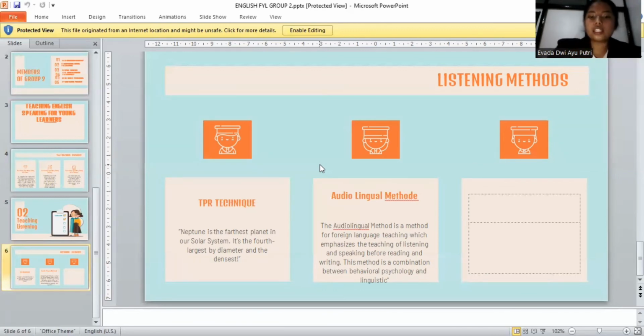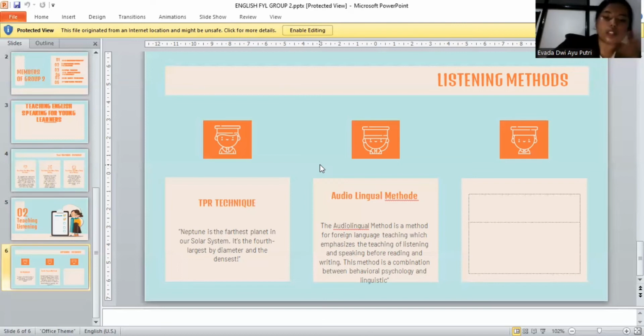So, the TPR or total physical response is a language learning method that is structured on the coordination of commands, speech, and motivation or action, and strives to teach language through physical activity.